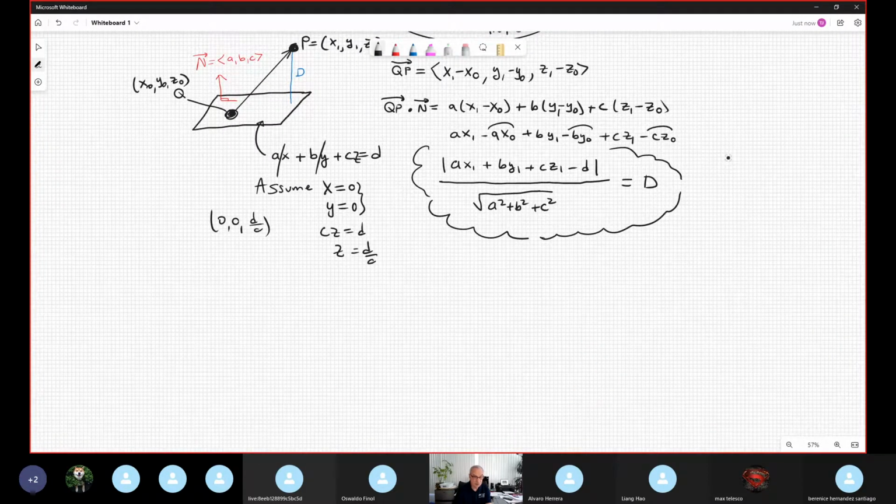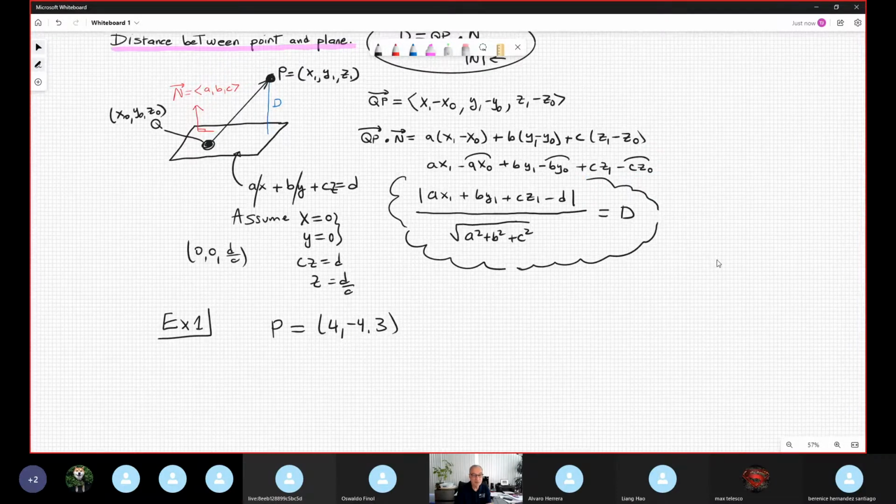Now, suppose the example. Example 1 of this part: the point P is given, it is 4, negative 4, 3. This point is this point in the figure, therefore this is X1, Y1, Z1.